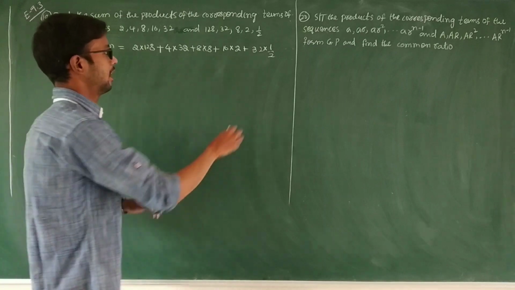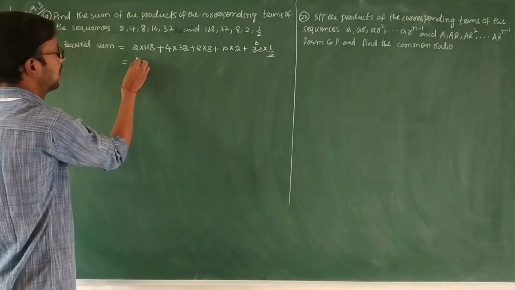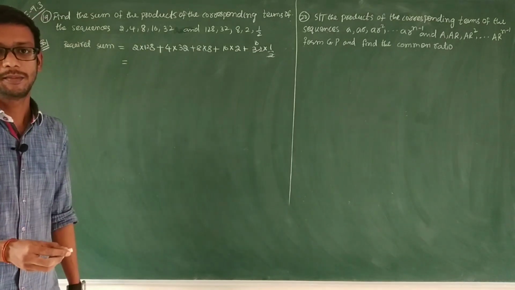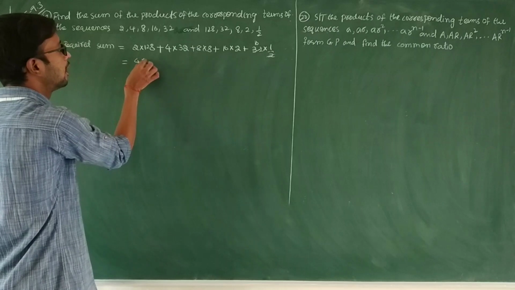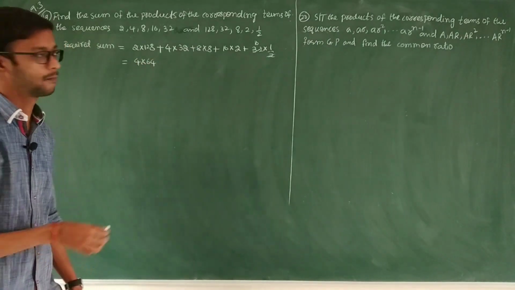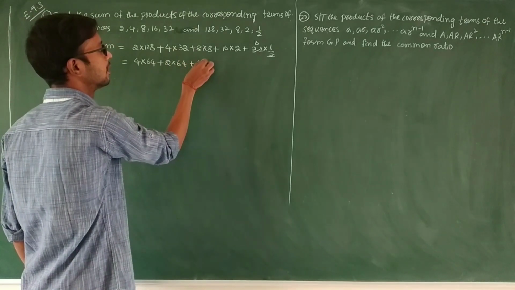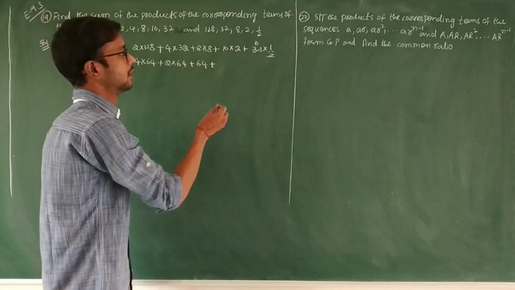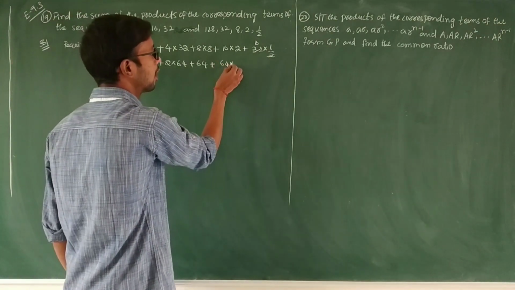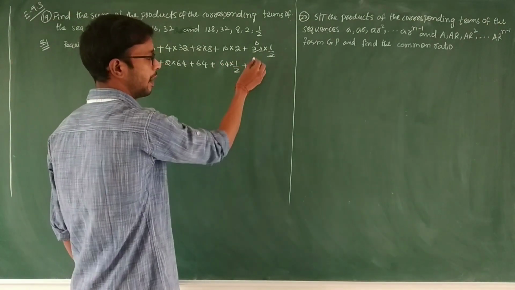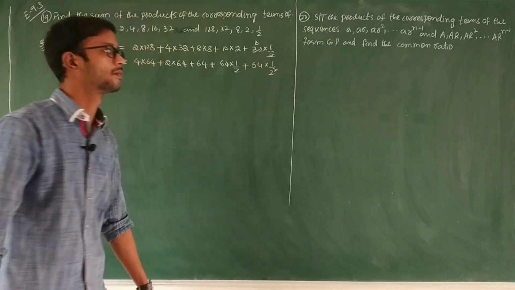I will make the cancellation. All terms I am converting: 4 into 64 we can write, plus 2 into 64, plus 64, plus 64 into 1 by 2, plus 64 into 1 by 2 square.